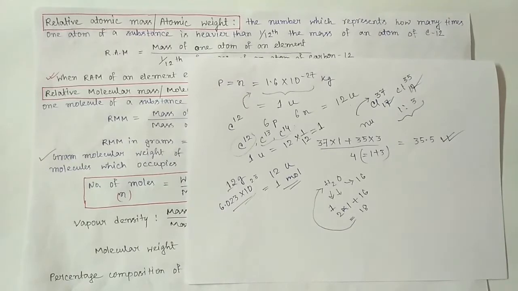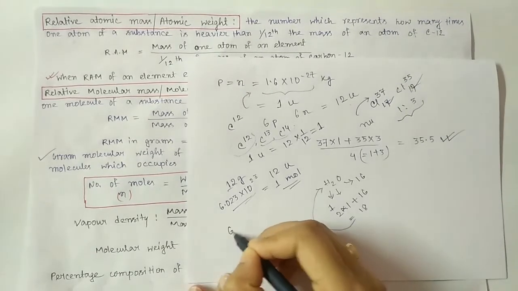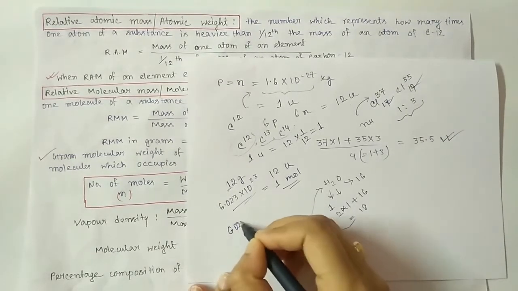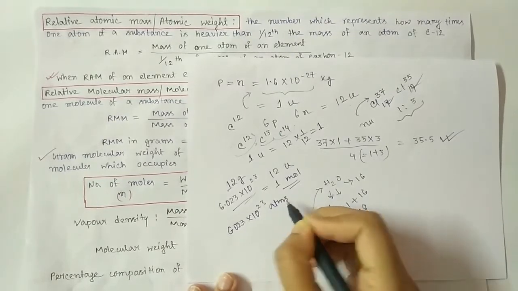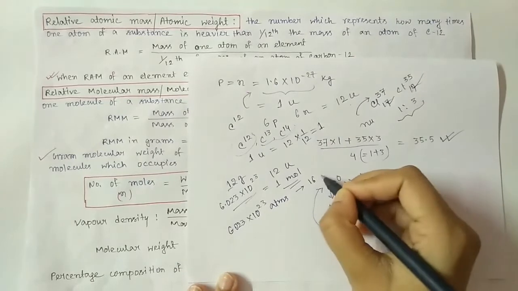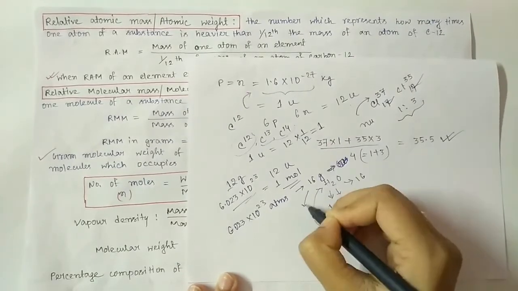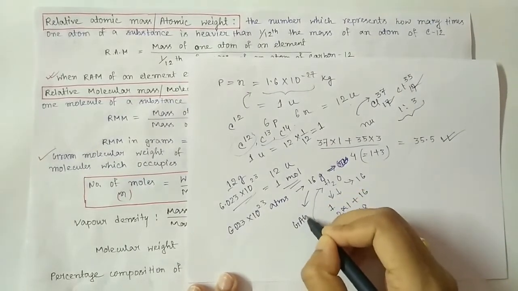So, like carbon 12, we can also say that oxygen has atomic weight 16, and in this 16 gram of oxygen there are 6.023 × 10^23 number of atoms. So it means that 6.023 × 10^23 atoms are present in 16 gram of oxygen, that is its gram atomic weight.